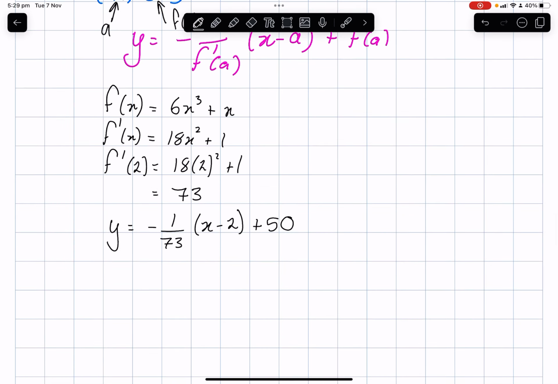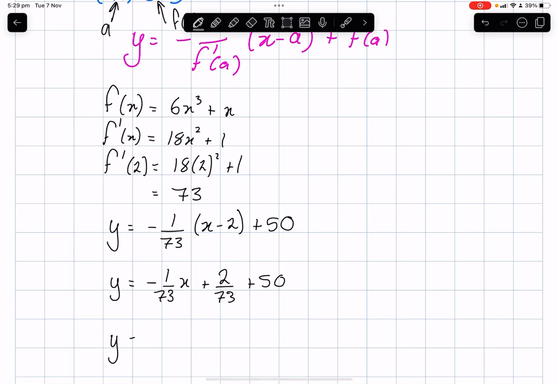Now, again, we want to expand this out so we have it in y equals mx plus c form. So y equals -1 on 73 x plus 2 on 73 plus 50. Now, doing that kind of fraction in your head is probably going to be a little bit tricky, so I've got my calculator next to me.